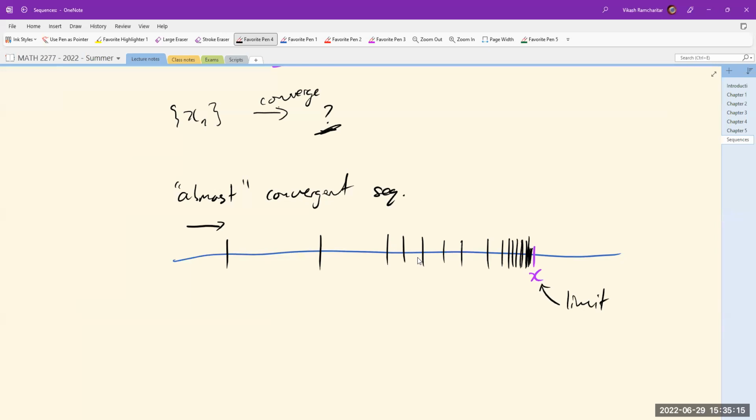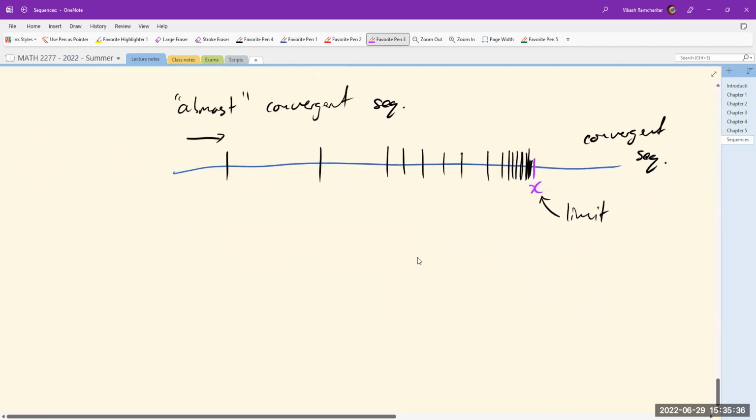Okay, this is the idea of a convergent sequence. As we march out further, each successive term is getting closer and closer to this limit. Okay, we're convergent to this guy. That's the limit. So this is a convergent sequence.